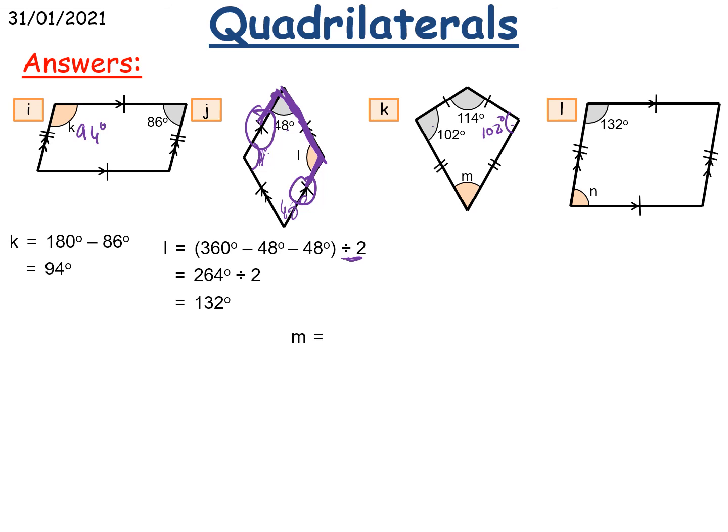So we just do 360 take away 114, take away 102, take away 102, and that gives us 42 degrees. Then lastly, L. Well, these two angles are adjacent, next to each other on a parallelogram. So therefore, 180 take away 132 degrees gives us 48 degrees.